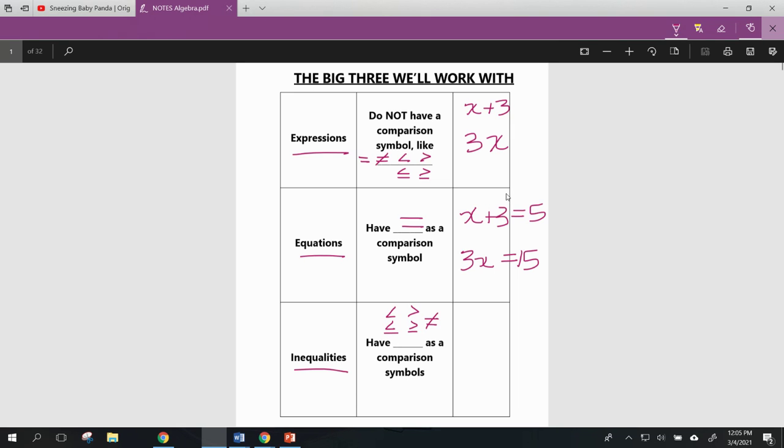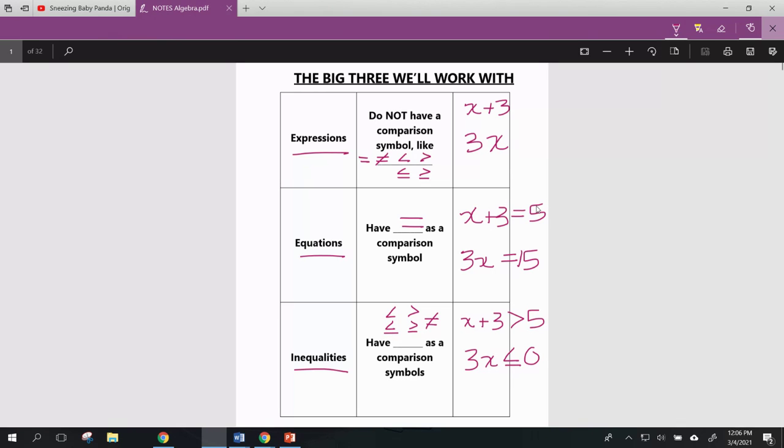So if we said that x plus 3 is greater than 5, well, we would have to figure out what are the possibilities that x could be, because x plus 3 has to be bigger than 5, or 3x is less than or equal to 0. Going through those scenarios, we'll learn how to solve those a little later throughout this unit.